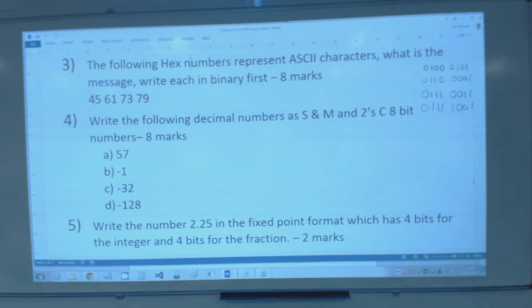Then we need to know what the ASCII is. When we look at these, okay, that's 64. And then we can look at these numbers. So that's a 4 and that's a 1.